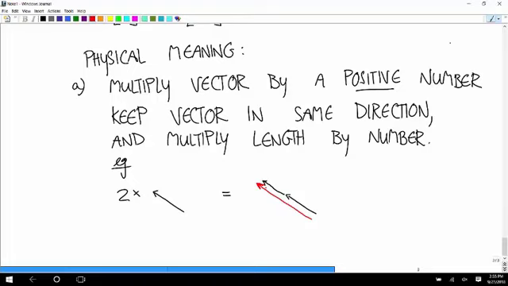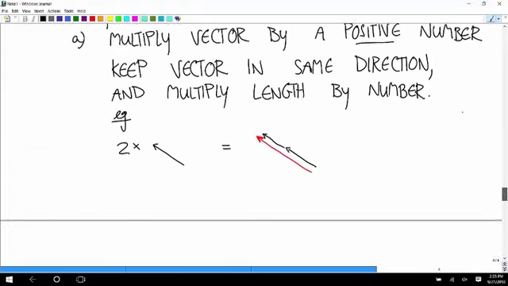That way of thinking about it is for positive numbers. So the other thing we need is we need to know how to multiply by -1.